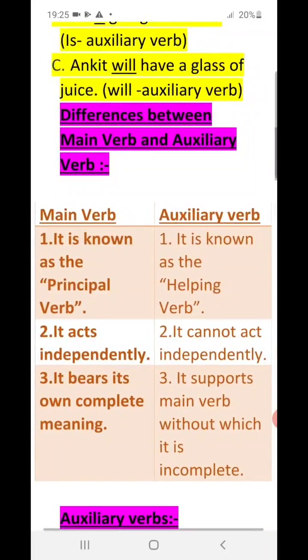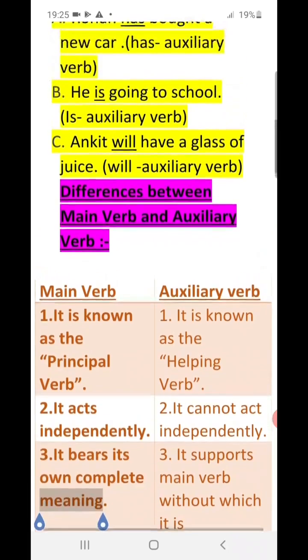Main verb. It is known as the principal verb, whereas in case of the auxiliary verb, it is known as the helping verb. Number 2, main verb. It acts independently. Number 2, auxiliary verb. It cannot act independently.